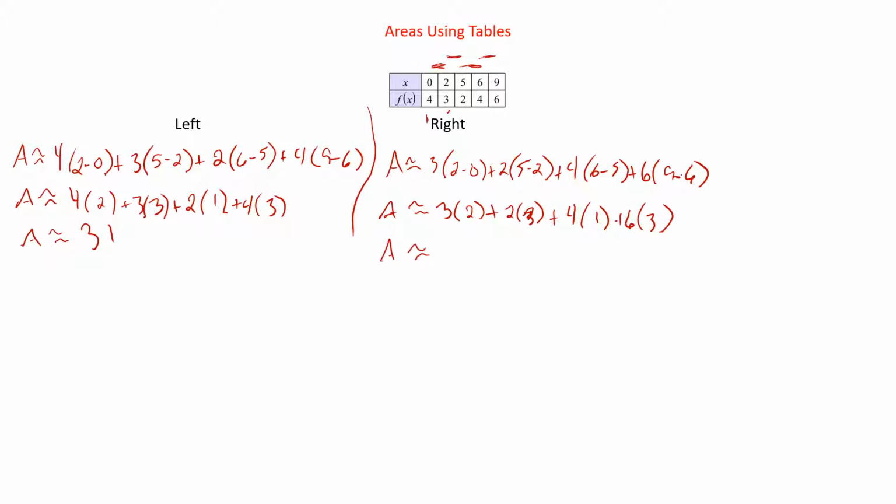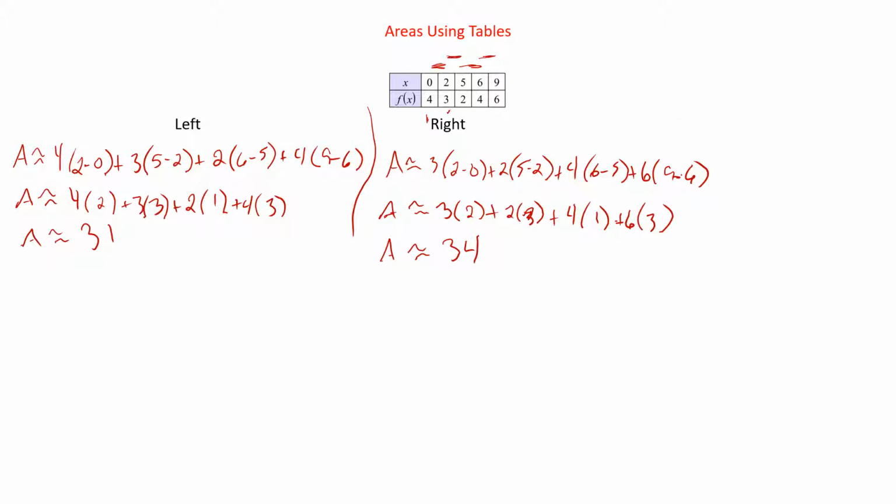Which means this approximation of the area, we're going to have 6 plus 6 is 12, plus 4 is 16, plus another 18, sorry, not 12. 16 plus 18 is 34. So we have one area approximation is 31. The next one's 34.